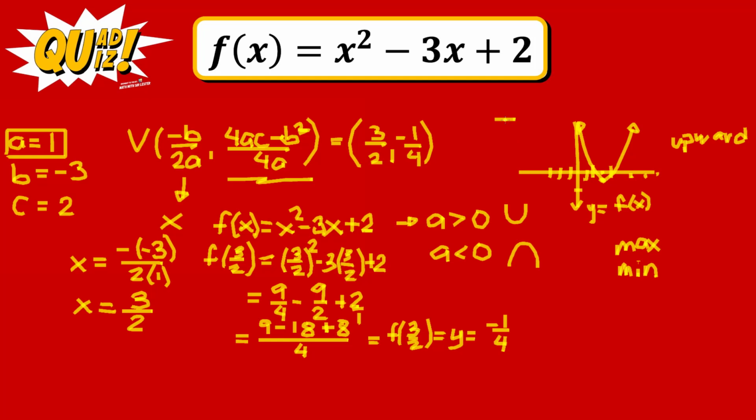So it goes down, and once it reaches this portion that corresponds to your vertex, it goes up again. This is the structure of the upward concavity of the parabola.